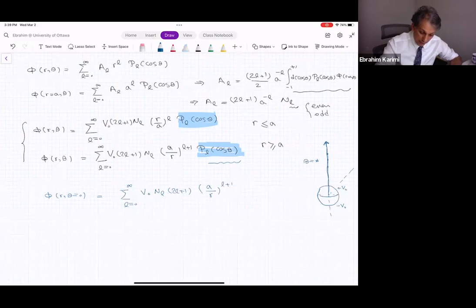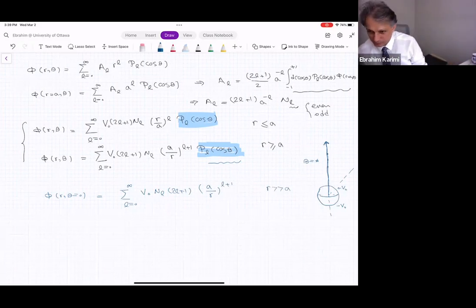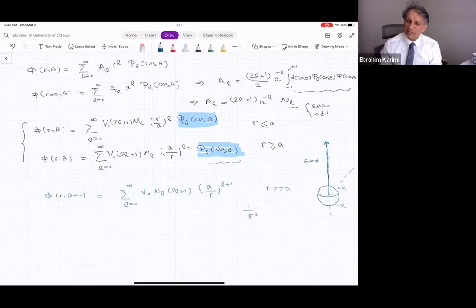If I go to infinity, which means R tends to be really large, so R is way greater than A, then I see the entire sphere as a dipole. The potential for a dipole will be 1 divided by R to the power of 2, and the electric field will be 1 divided by R to the power of 3.